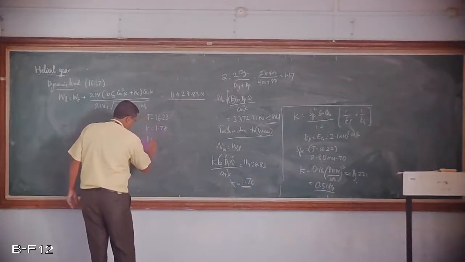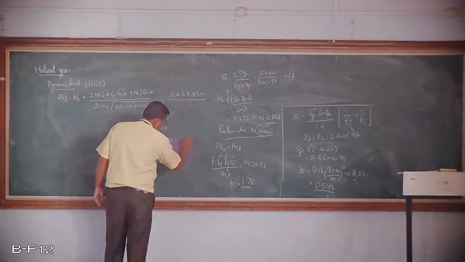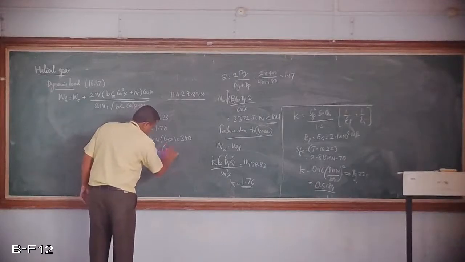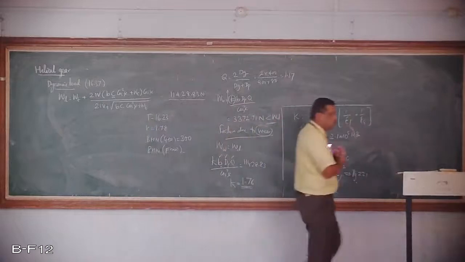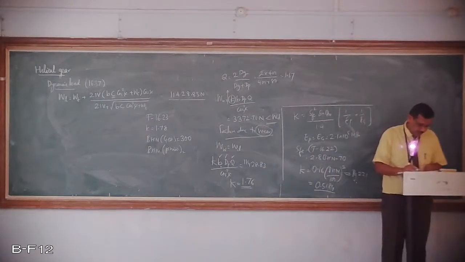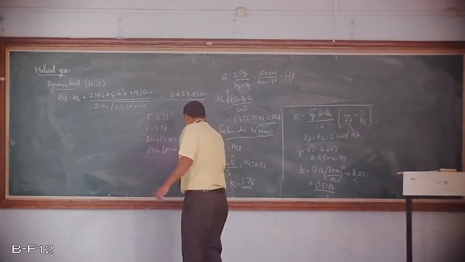Therefore, BHN for the gear should be 300, and BHN for the pinion, because both are steel, will come to about 400. This is what we are suggesting.